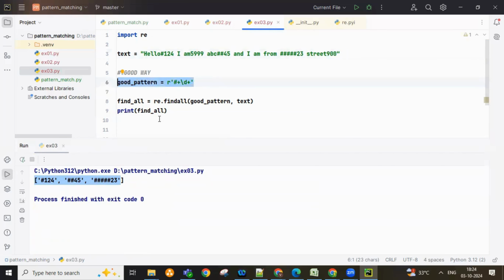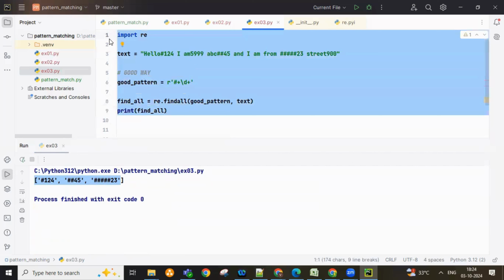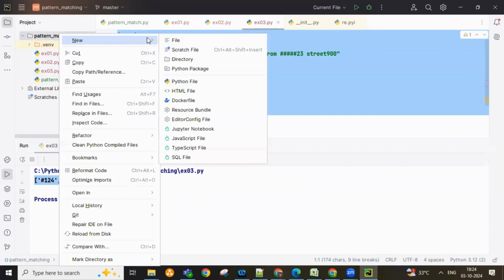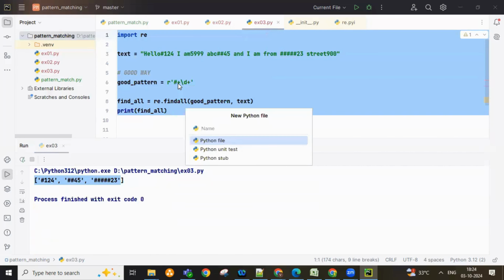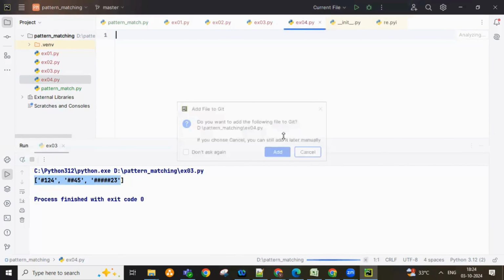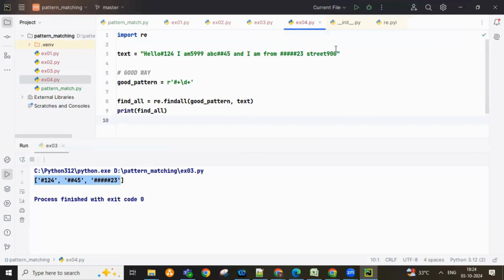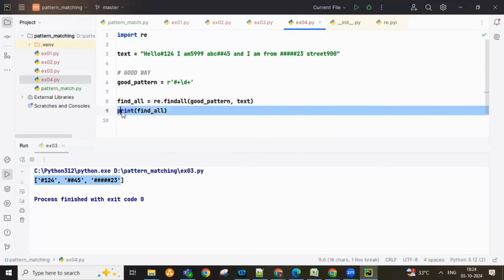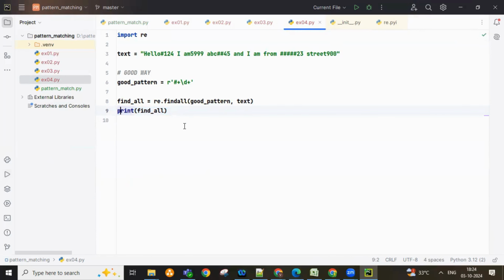Now there is one more example you want to try. Let me write one more pattern. Now what I want to do is get the numbers, something like this.